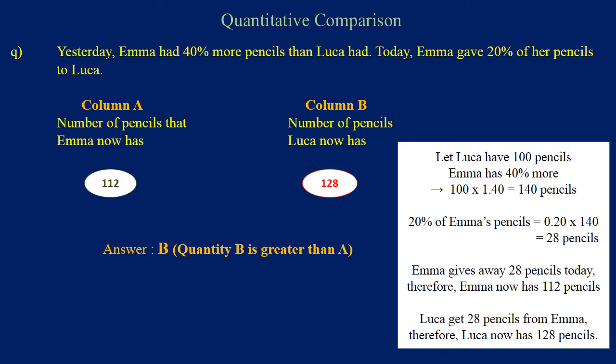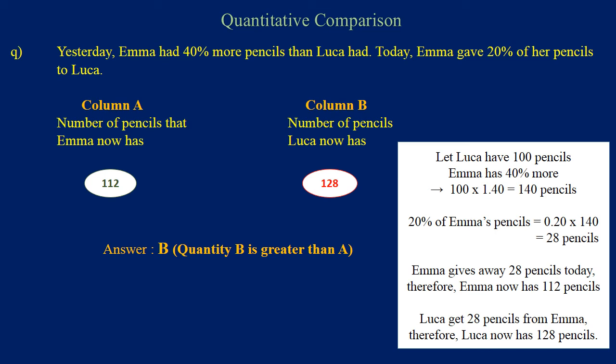Our next question on quantitative comparison says that yesterday Emma had 40% more pencils than Luca had. Today, Emma gave 20% of her pencils to Luca. Now, column A says number of pencils that Emma now has, and column B says number of pencils Luca now has. So we basically need to follow the question step by step.